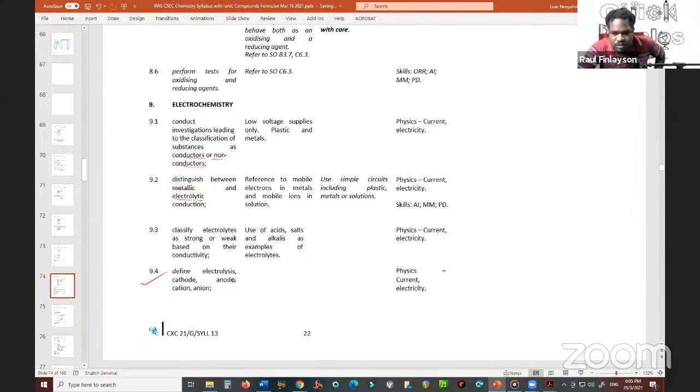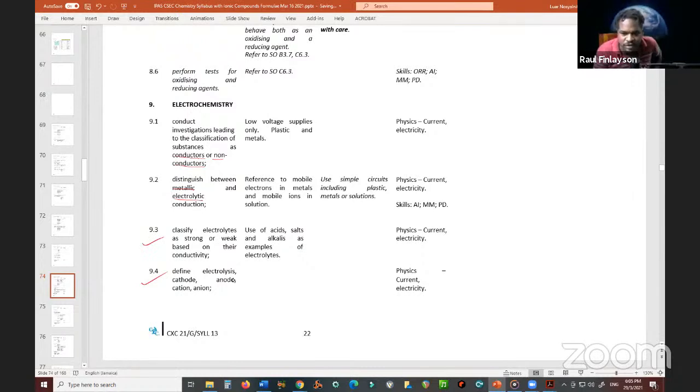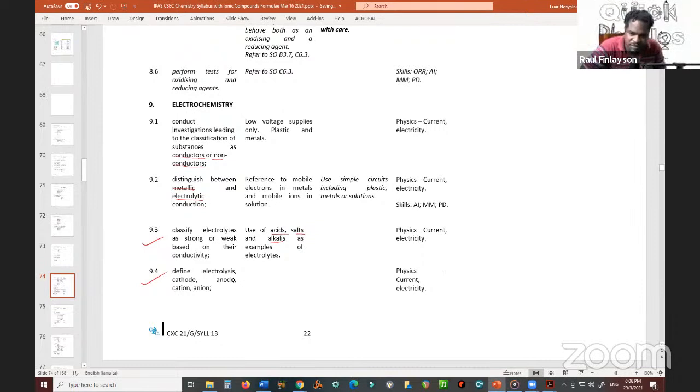But look at where the crucial thing is: 9.3 and 9.4, guys. 9.3 says classify electrolytes as strong or weak based on their conductivity. Use of acids, salts, and alkalis as electrolytes. So we are actually going to confirm here with you guys that all salts, all acids, and all bases are electrolytes.